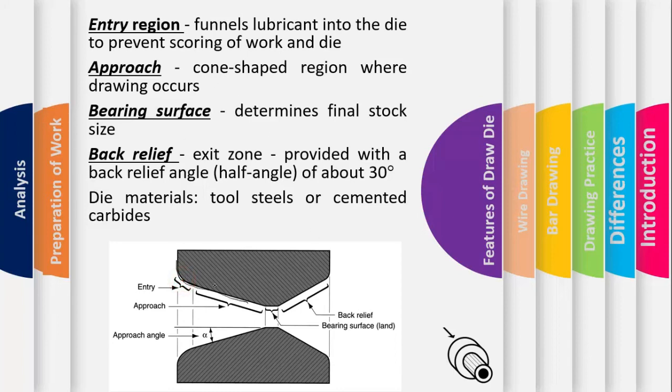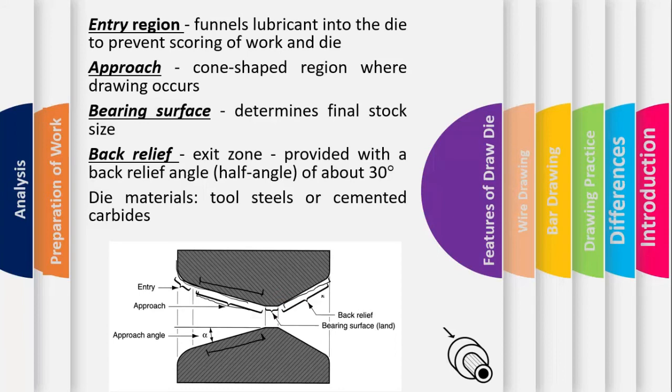Then we have the approach region, the longest one. It's a cone shaped region where drawing actually occurs. So this approach region is mainly responsible for reducing the diameter of the wire or the bar. Then we have the back relief region.